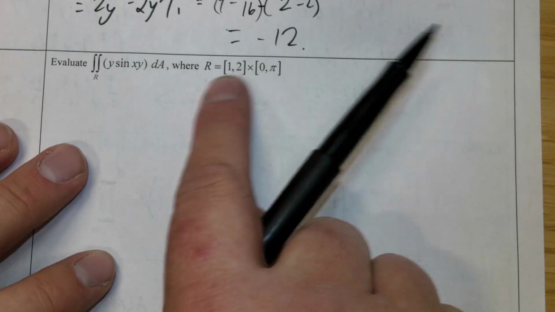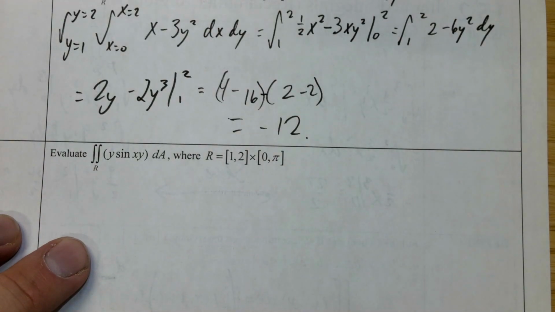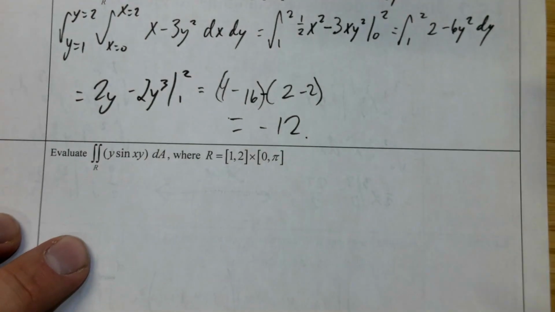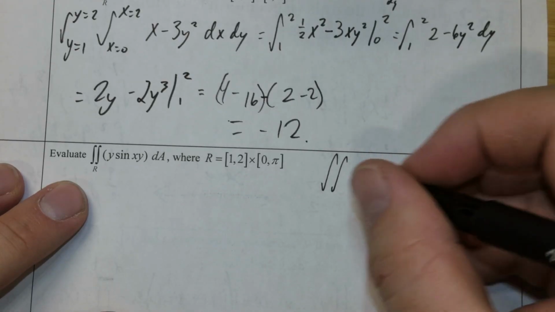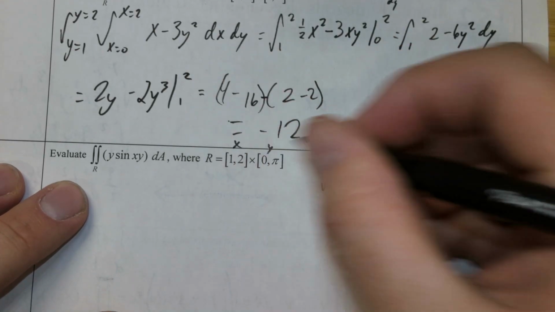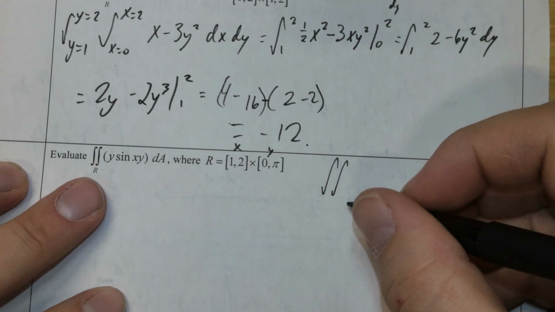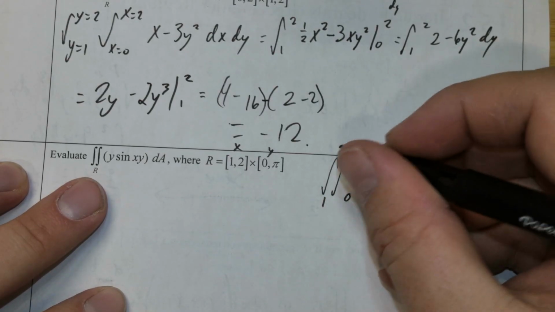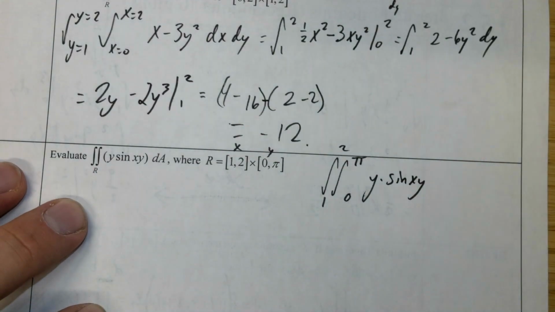All right, keeping on, looking at these bounds, looking at another integral. I see this one has this sine function. So if I carried on, just hypothetically, with y as my inner first integral, we'd see something happen. y times sine xy.